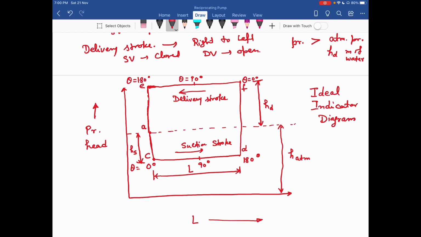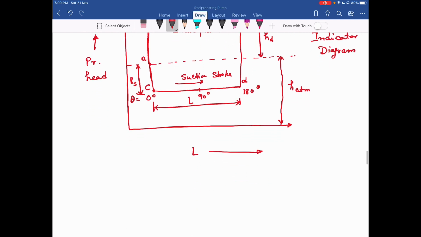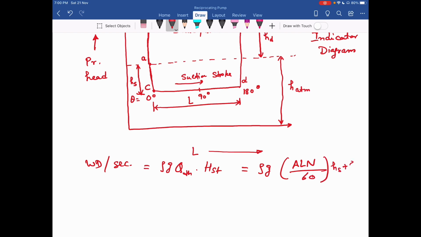Now you can see the work done by the pump per second. That is W Q H, or I can write it as rho g Q times (HS plus HD), or rho g A L N divided by 60 into (HS plus HD).